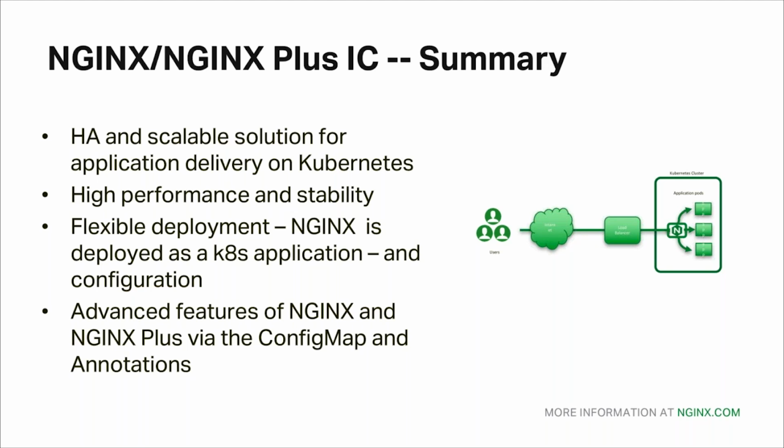It is very flexible, both in terms of how you deploy it and how you configure it. With annotations and the config map, you can use advanced NGINX features and customize NGINX behavior. And you get even more features with the NGINX Plus Ingress controller, such as extended status and dynamic reconfiguration.